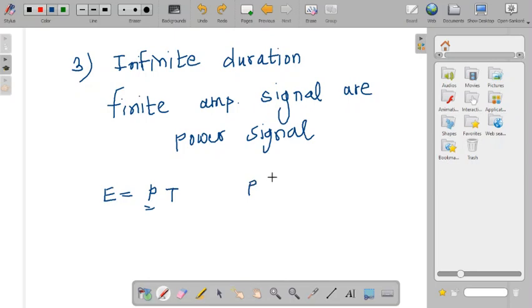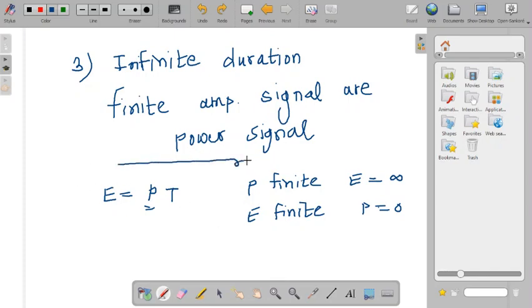So if power is finite but its energy is infinite, then it is a power signal. And if energy is finite but its power is zero, then that signal is an energy signal. So we have to remember these important corollaries and relations while solving the problems.